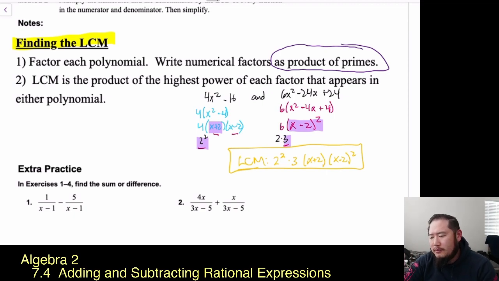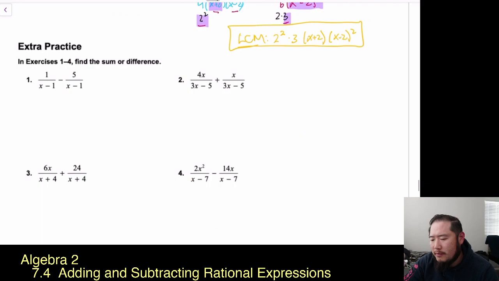So number 1 should be pretty straightforward, pretty easy. I'm looking at my denominators, and they are both the same: x minus 1. So we just simply subtract the numerators, 1 minus 5, and you're left with negative 4 over x minus 1. And there you go, just like that.